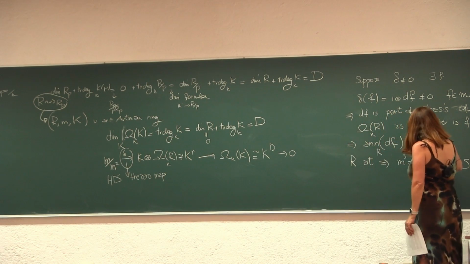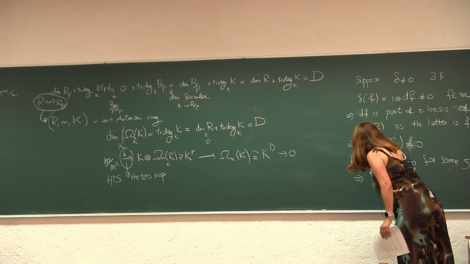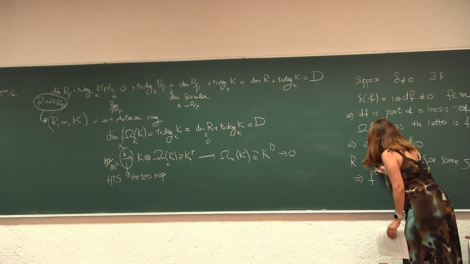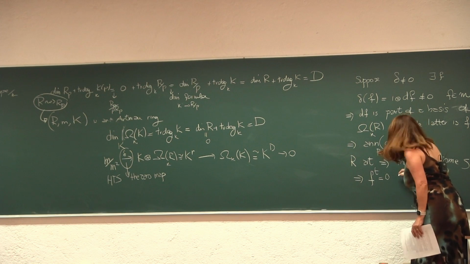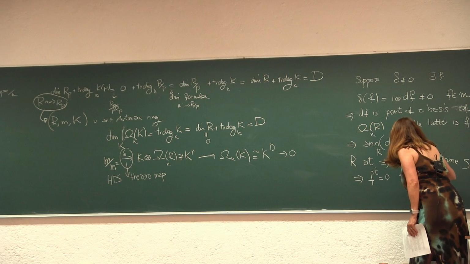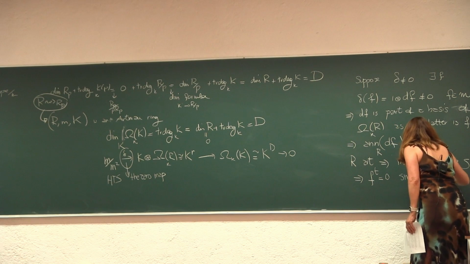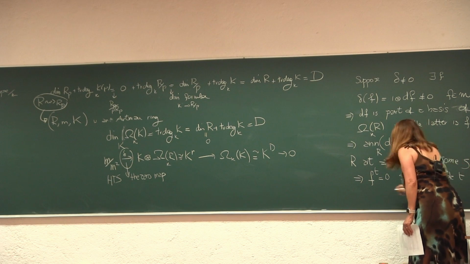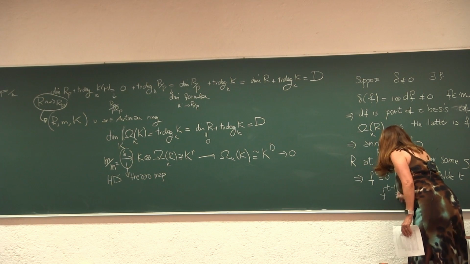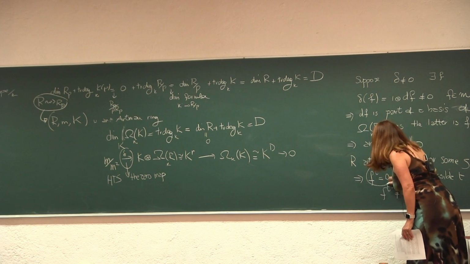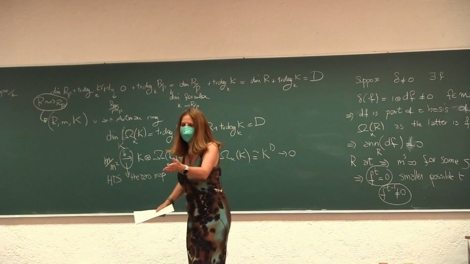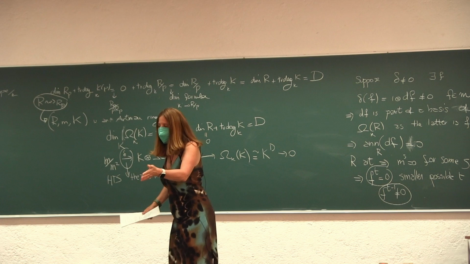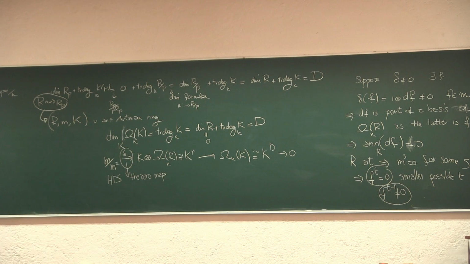But actually, this implies that f to the t is 0 for some t, but I take the minimal t, smallest possible t. So I assume f^(t-1) is different from 0, and f^t is 0. What can you get from that actually? Do the derivative of f to the t. What do you get when you take the derivative of f to the t?